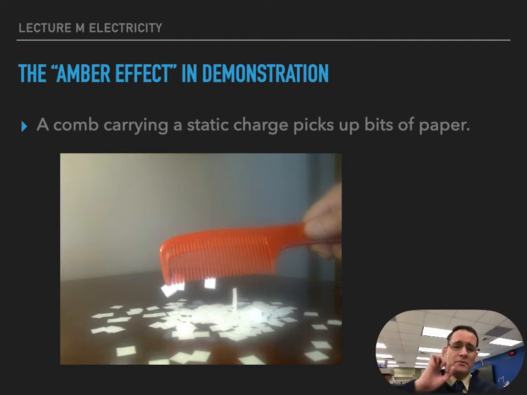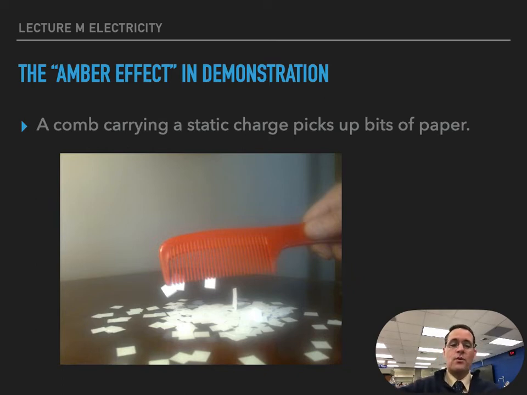And now here, before we get into what happens, remember that the electrons transfer from the hair to the comb, okay? So the comb now carries a net negative electrostatic charge. And the ordinary bits of paper have a random distribution of charges. But when the comb is brought close to the paper, it causes some of the negative charges to be repelled from the paper, and this redistribution of charge is called induction.